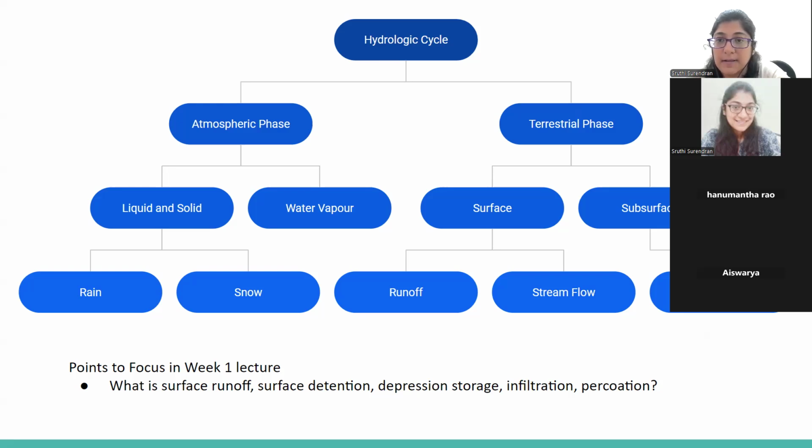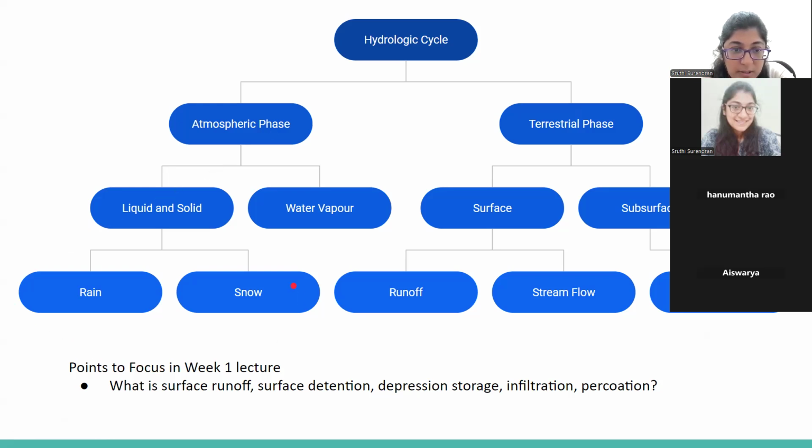Then the terrestrial phase is the surface and subsurface elements of the hydrological cycle, that is runoff, stream flow, infiltration, percolation, groundwater flow. All of these come under the terrestrial phase. Rainfall and evaporation are in the atmospheric phase.